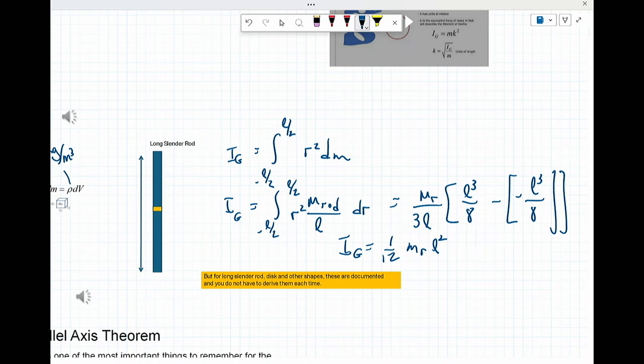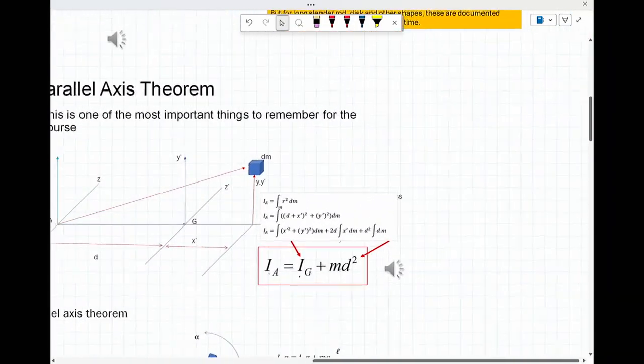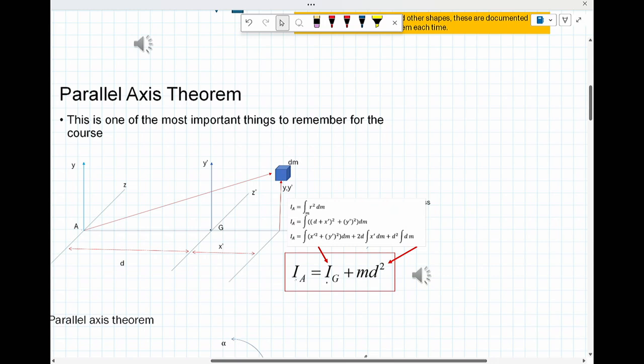If you've been looking ahead in the text and looking at what we're going to be doing, you'll notice that this is a pretty common one. For long slender rods, disks, and other shapes, these are documented, and you should be aware of what they are. In the last lecture, I also derived one of the other things that you need to know.